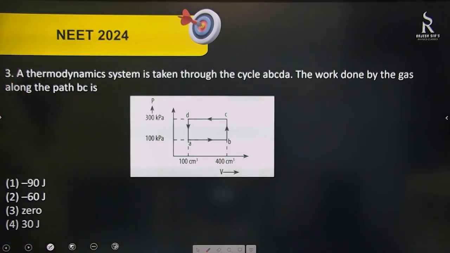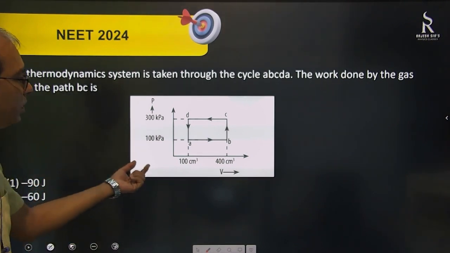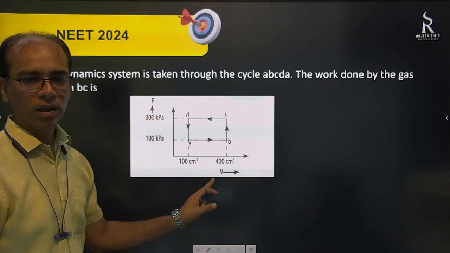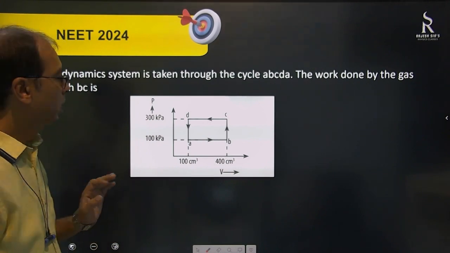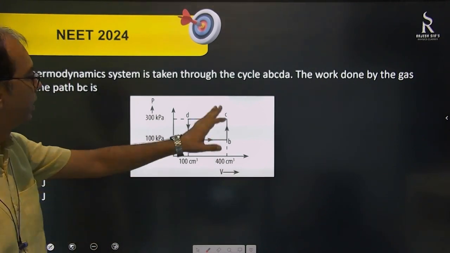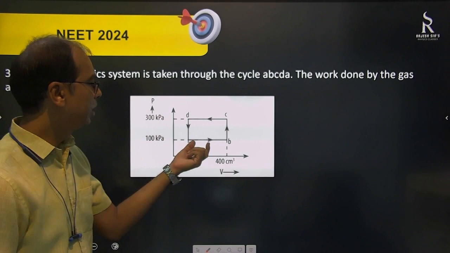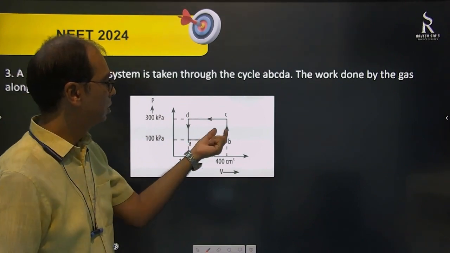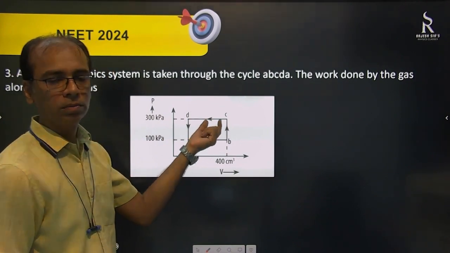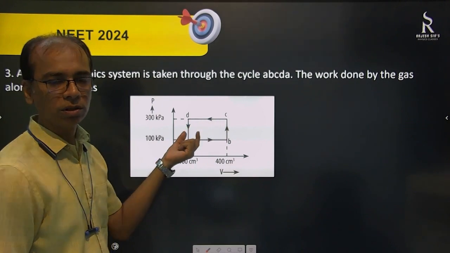A thermodynamic system is taken through the cycle ABCDA. The work done by the gas along the path BC is? What type of graph is this first of all? This is P and this is V, a PV graph. In this entire cyclic process, AB is a constant pressure process, BC is constant volume, CD is constant pressure again, and this is constant volume.